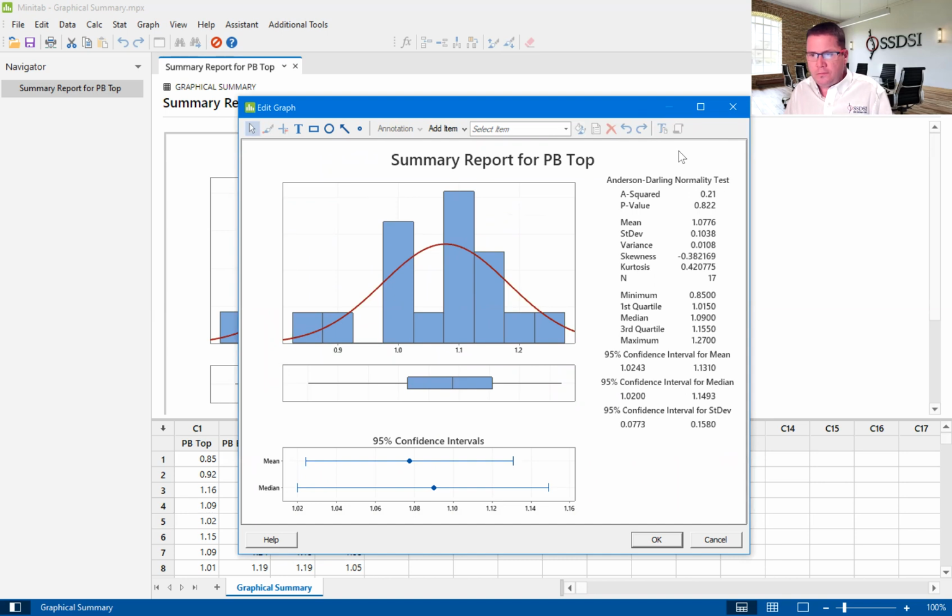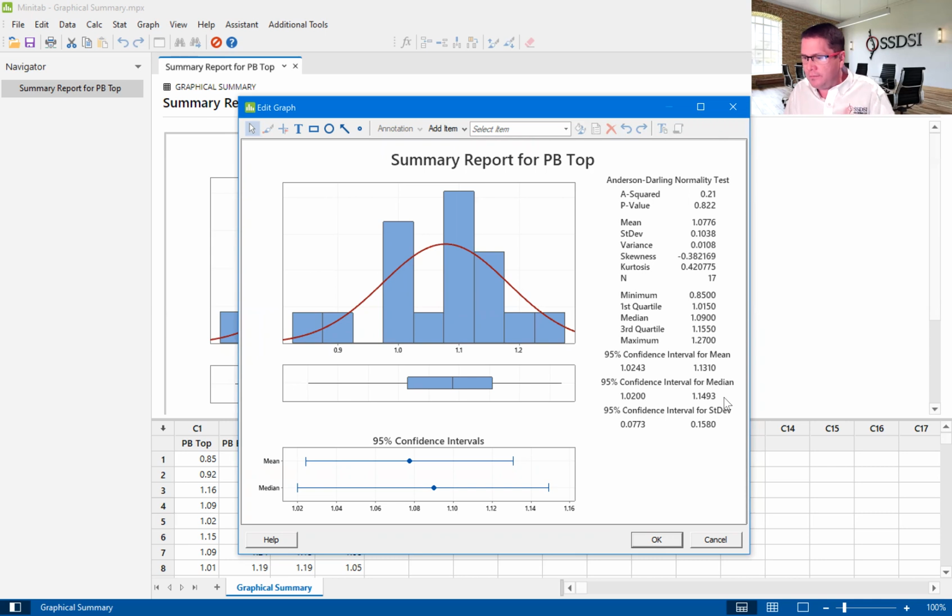This gives us some great information about a high-level view of our distribution of data. It tells us the mean, the average of the data, the standard deviation, the variance, skewness, kurtosis, how much data was in our data set, our quartiles, and our minimum and maximum.